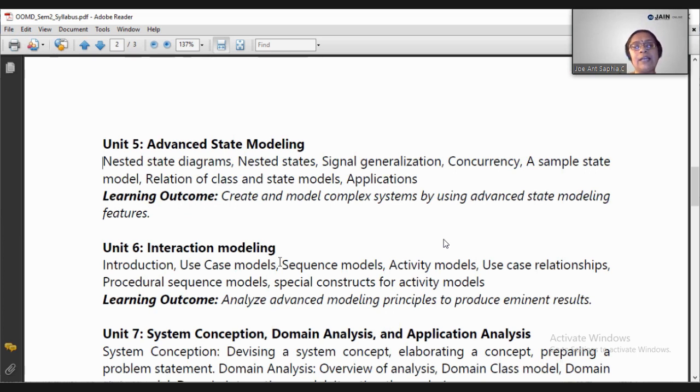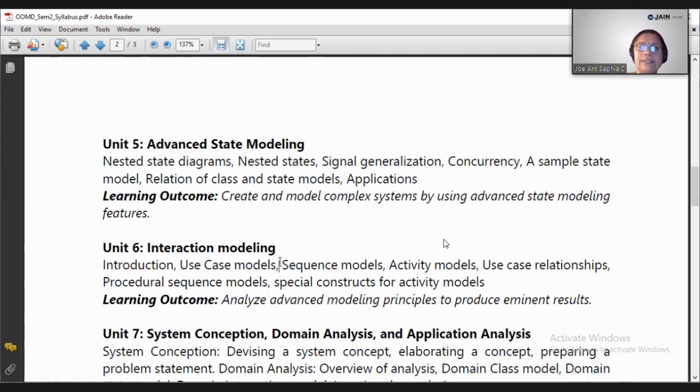This is the communication between and within the classes: how they communicate to perform operations, and how responsibilities are exchanged between the methods. There are the use case model, sequence model, and activity model in interaction modeling.